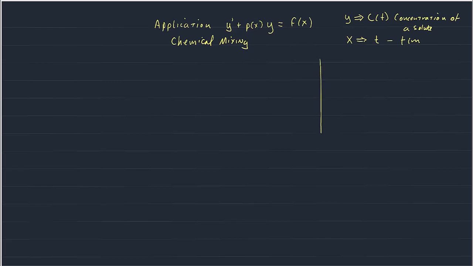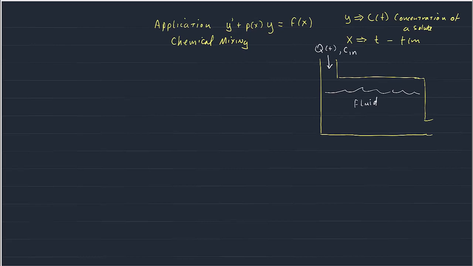So imagine we have a bath of fluid, and we are adding fluid with a flux Q. This is our flux of fluid we're adding, and the fluid has a concentration of our solute of C in.